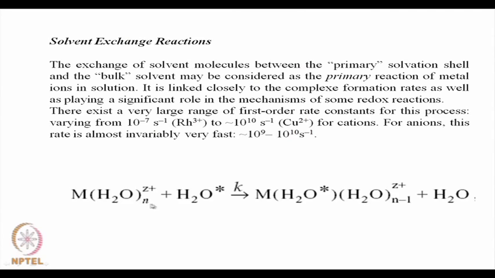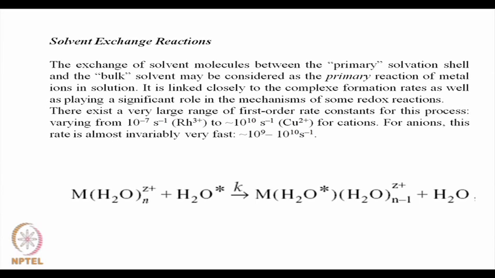It is basically an exchange of outer water going into the inner primary solvation shell, and the inner primary solvation shell water is going out. That is why M(H2O)n: there are n waters very close to M, having Z plus charge on the metal ion. So, it is a typical solvent exchange reaction.